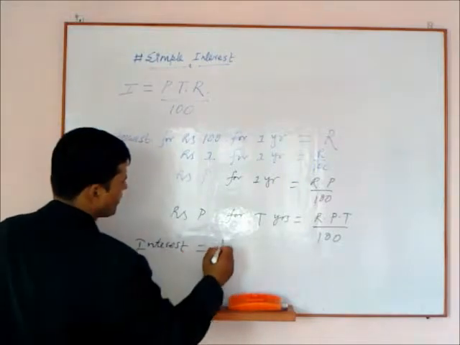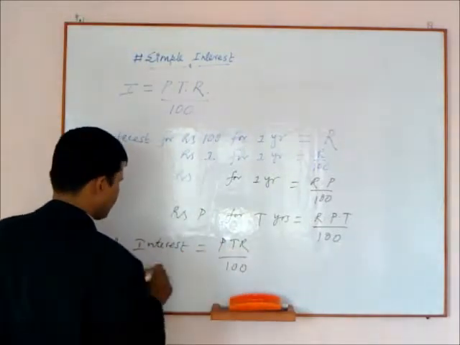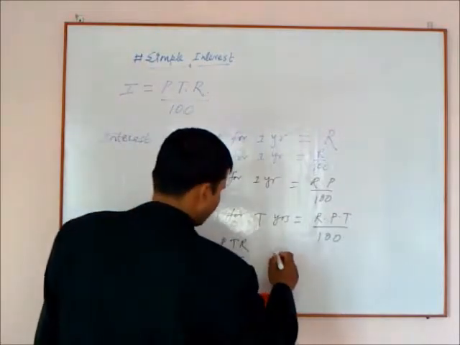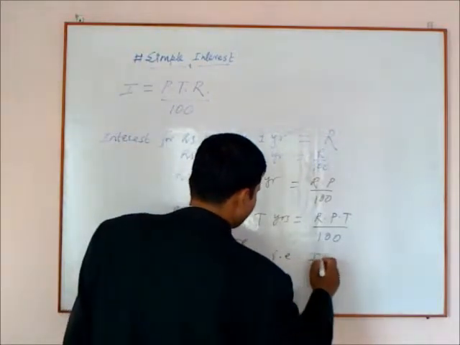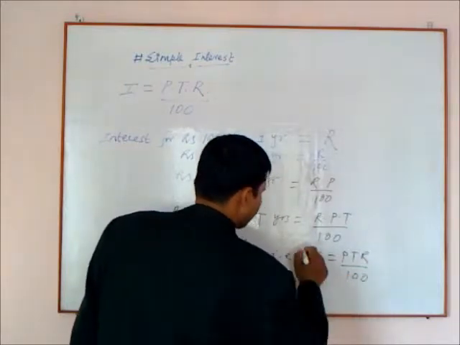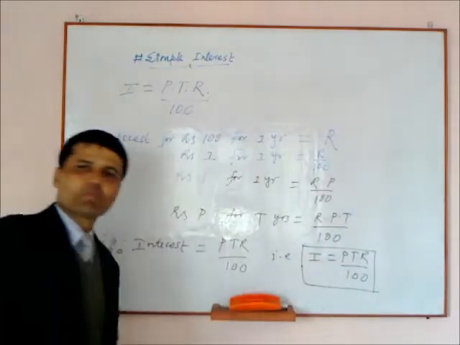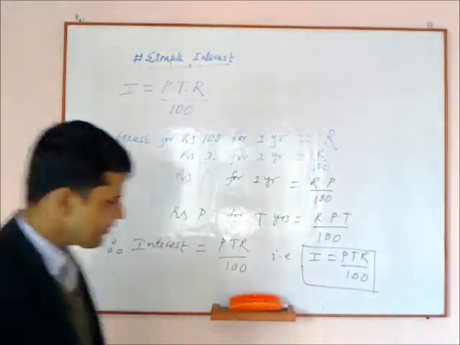Interest equals PTR divided by 100, which you need to know. That is I equals PTR divided by 100. This is the main formula in simple interest.